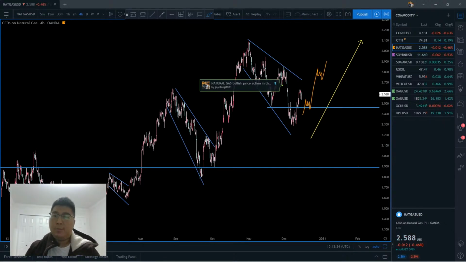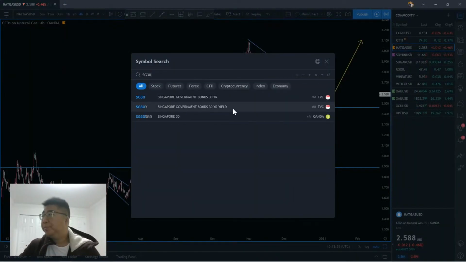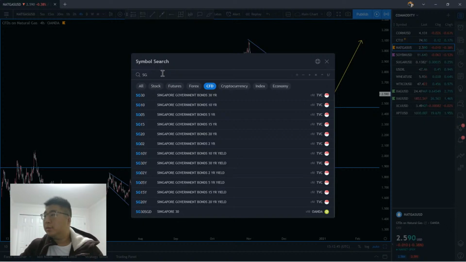Singapore 30, on which broker can I find this? Check your FX broker. You can find it on OANDA, right? I have it on OANDA, but I don't know which other broker, because obviously we only get to see the charts from the brokers that work in TradingView.